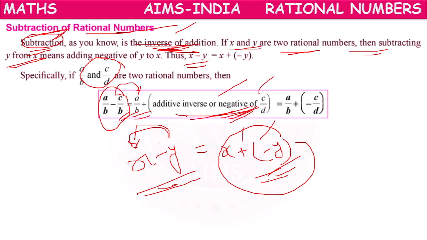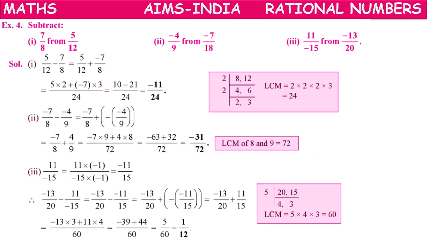So a by b plus of minus c by d we have to take, and in the same way we simplified the problems in addition, we can do it in subtraction also. Okay. Next, subtract 7 by 8 from 5 by 12.